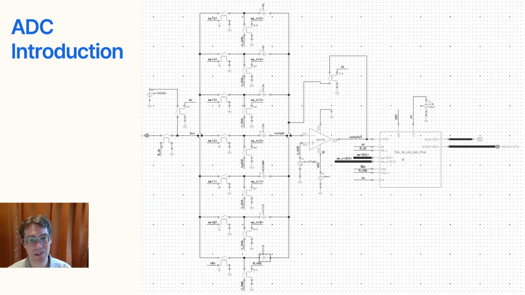The ADC was the most elaborate part because it also utilized some Verilog-A code to monitor and produce digits.